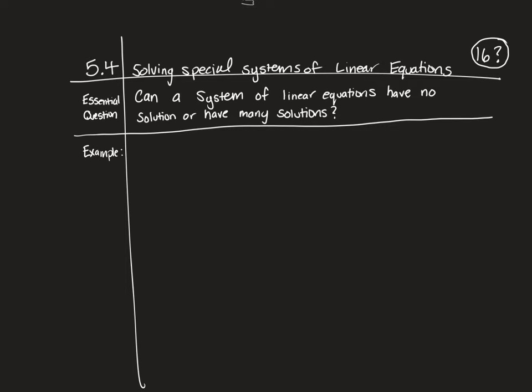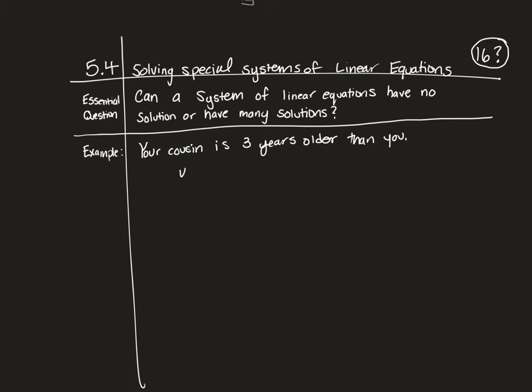So let me give you an example. We're going to compare a very small real-world scenario. Let's say that your cousin is 3 years older than you. You can represent your ages with linear equations, guys.